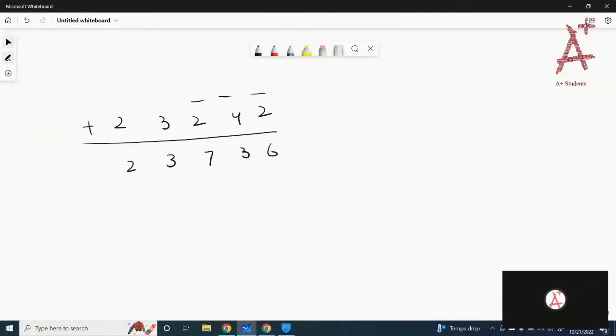Like I just told you, whenever you are given the sum, you have to subtract the given number out of the sum. This way you will get the missing number. 23,736 minus the one you are given, 23,242. This way you will get the missing number. Got it?